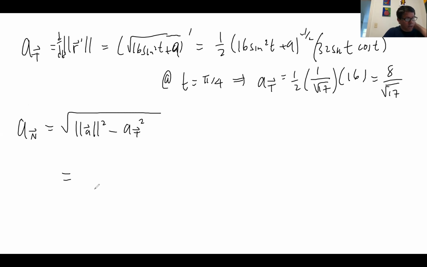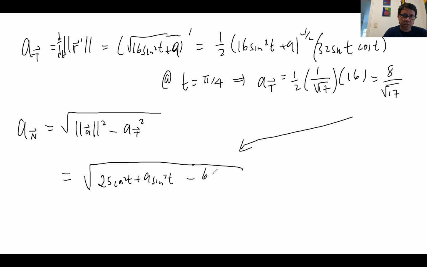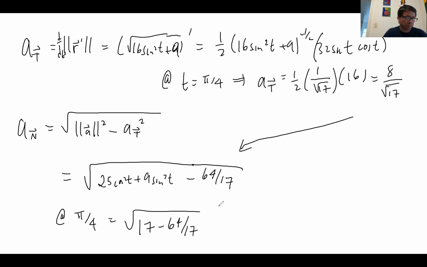So you find the length of the acceleration, that's going to be, again, 25 cosine squared t plus 9 sine squared t, minus the answer that you just got squared. So that goes in there as 64 over 17. Now when you plug in pi over 4, you'll get square root of 17 minus 64 over 17. So there's your answer. If you don't like that, you can clean it up a little bit and you'll get 15 over the square root of 17.